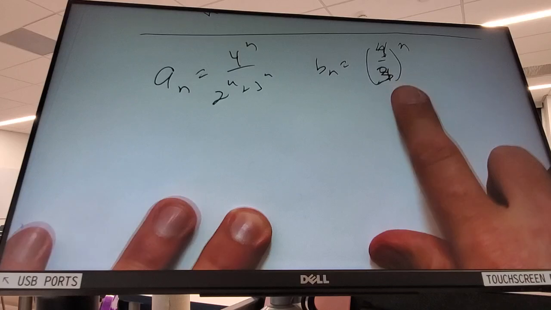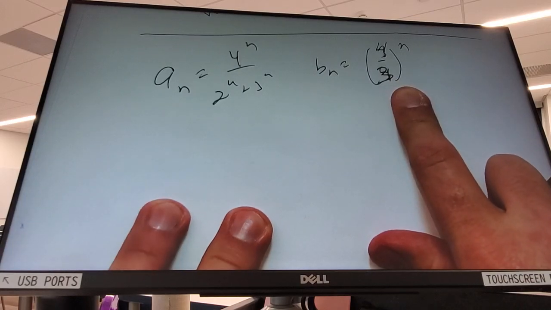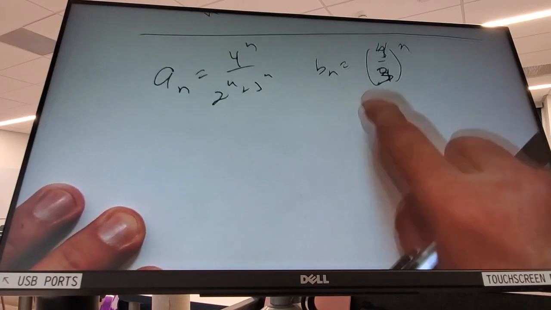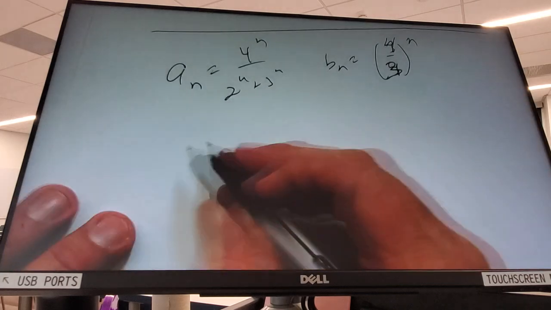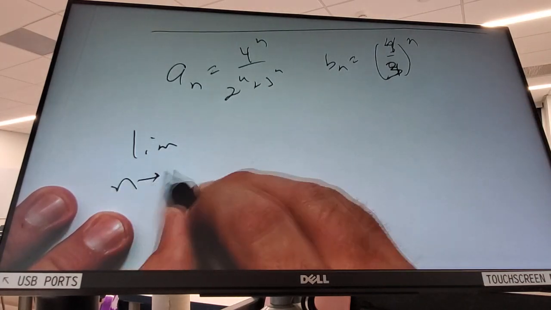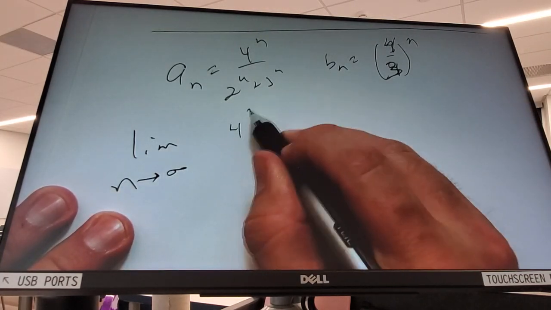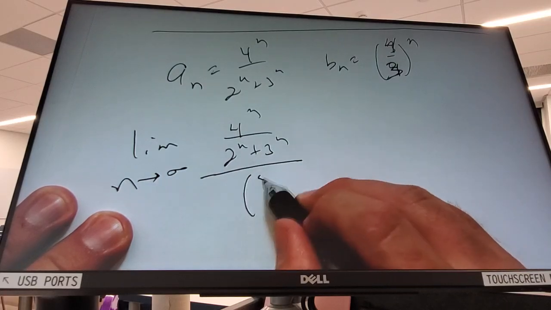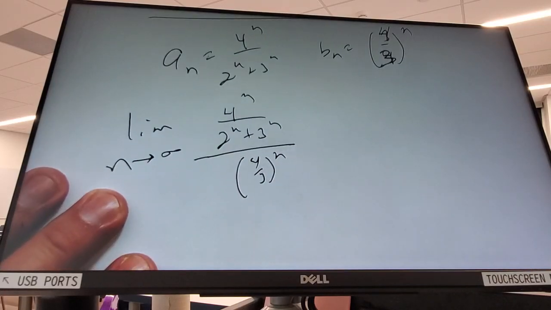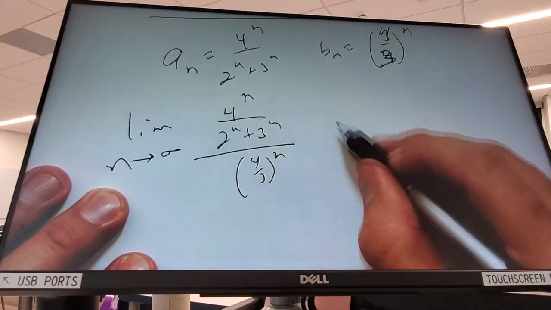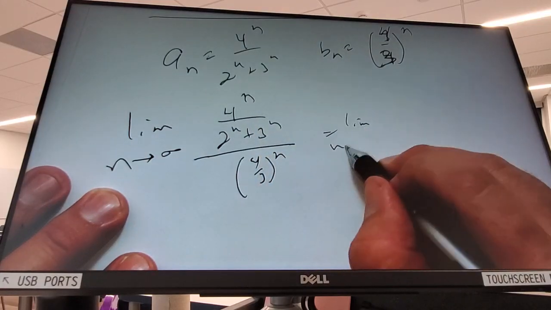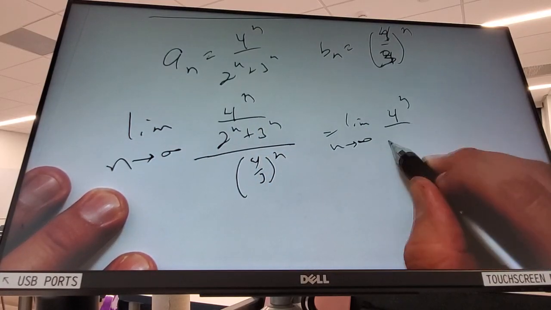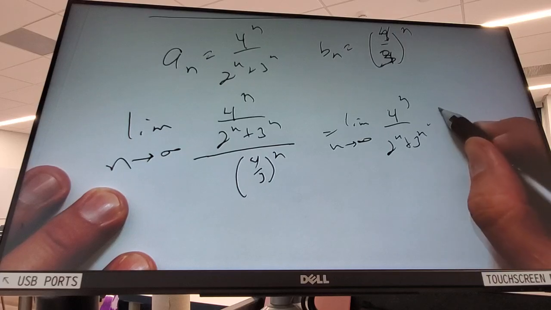So we know this diverges. That is bn. Yes. So the limit, just to really be sure you see this, is going to be this divided by bn. But I normally don't even write that step, because I know if I'm going to divide, I just have to multiply by the reciprocal, right? Yeah.